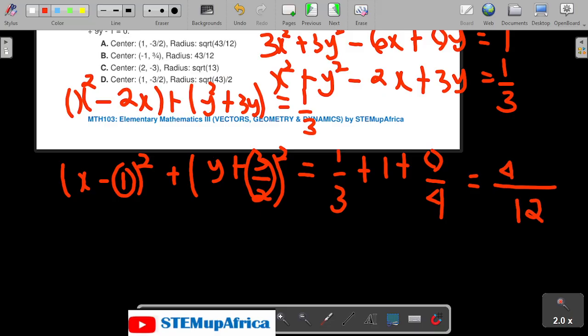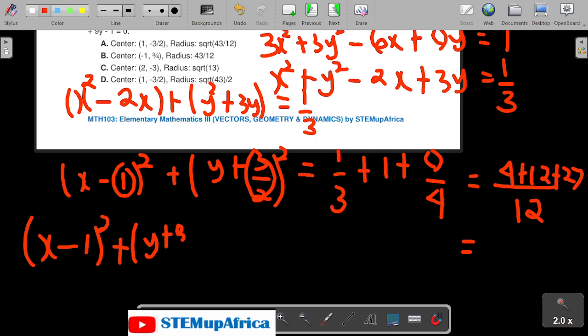Here is now 4 plus 12 plus 27. 27 plus 12 plus 4 will give us 43. So I'm having (x minus 1) squared plus (y plus 3 over 2) squared equals 43 over 12.